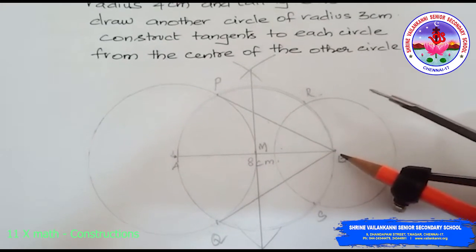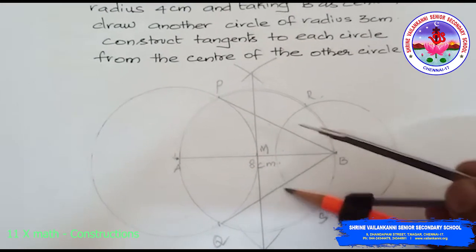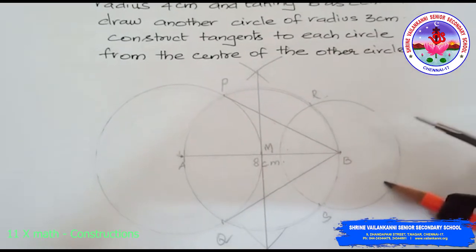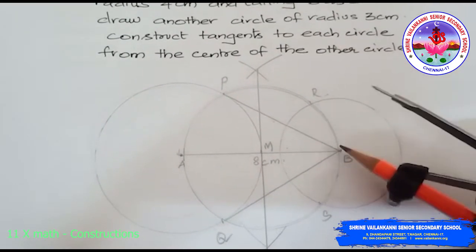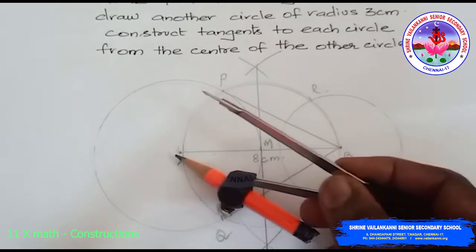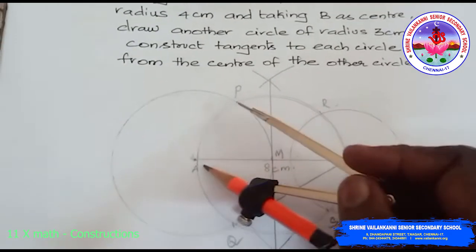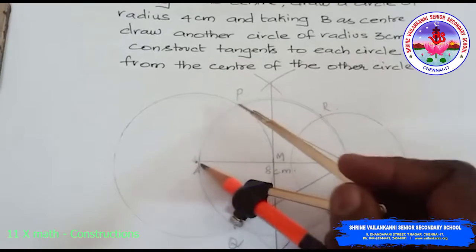Now, I want to draw a tangent for a circle of radius 3 centimeter from an external point A. I am joining AR and AS.